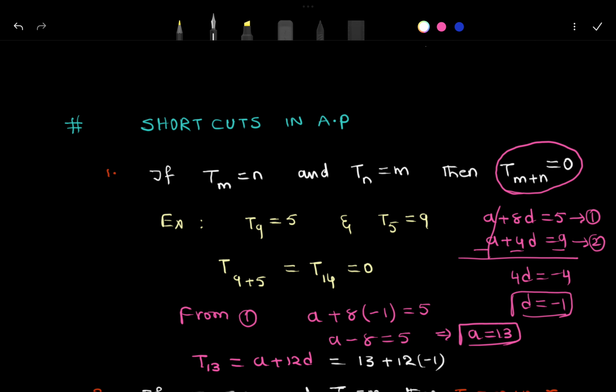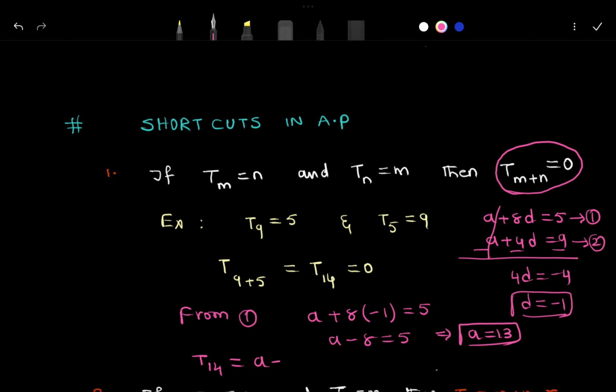Now, sorry, this is the 14th term, not the 13th term. So the 14th term value is A plus 13D.